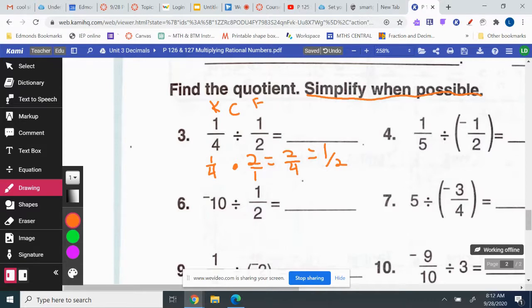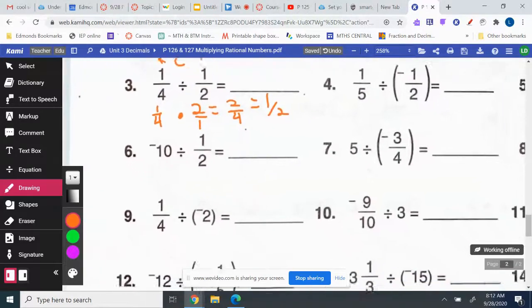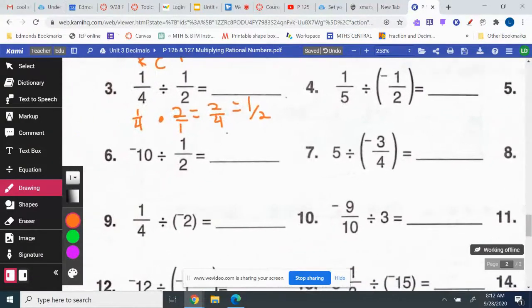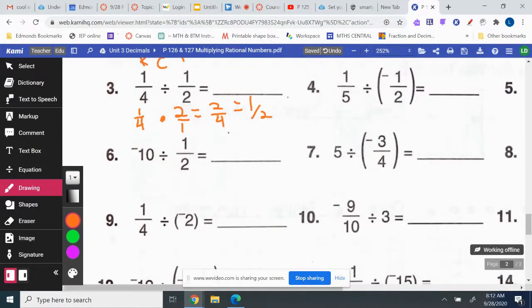So let's try that again for number 10. Number 10, change it to a fraction. And I'm going to keep, change, flip. So I'm going to keep negative 10 over 1, change that to a multiplication sign, and flip this to 2 over 1.